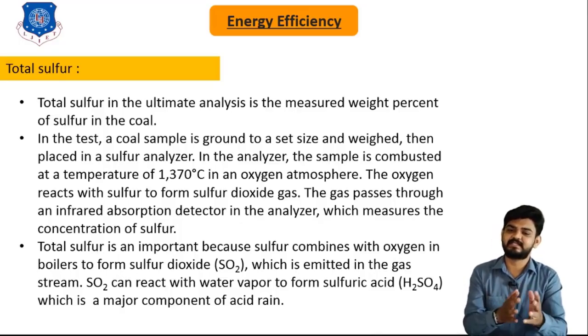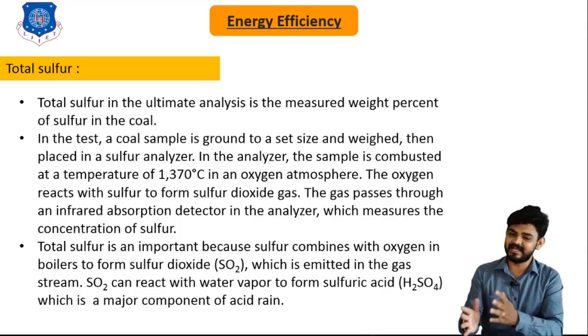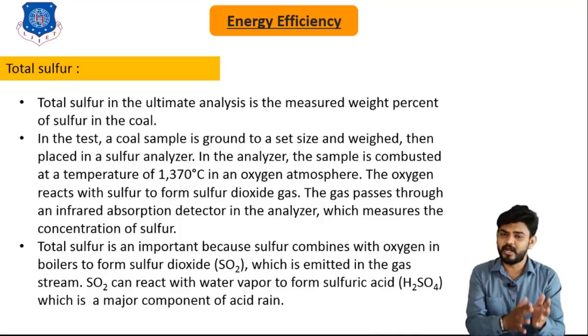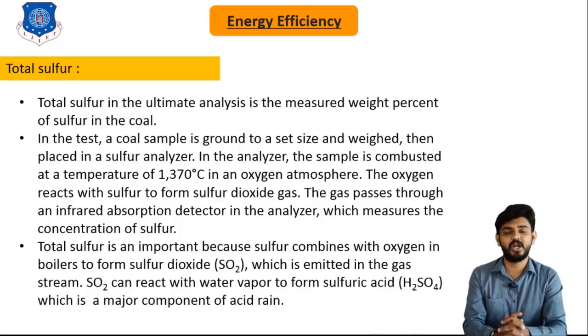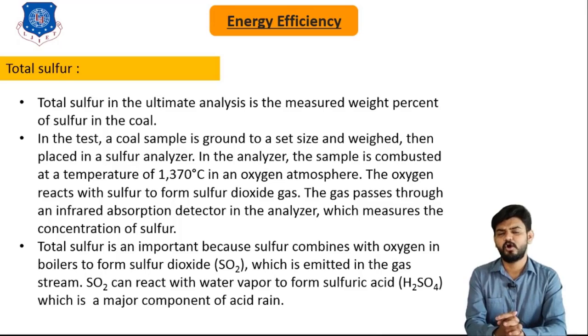Now this gas is then passed through an absorber detector, the analyzer, which measures the concentration of sulfur. So, the product of this combustion reaction is allowed to pass through one absorber detector, where we detect the sulfur compounds or measure the concentration of sulfur.